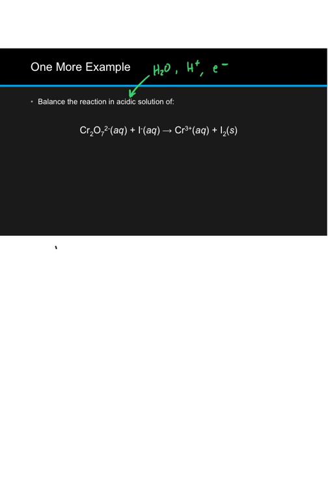It doesn't matter which half reaction we focus on to begin, because we'll figure out whether it's oxidation or reduction eventually. Somehow dichromate produces chromium. To deal with this reaction, we're going to need to balance atoms and then balance charge.